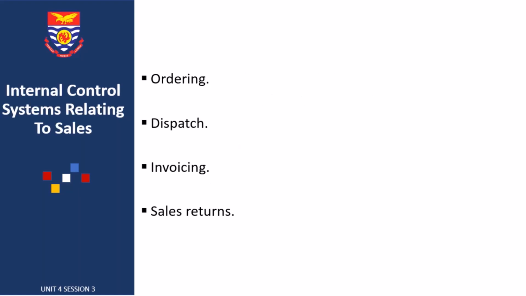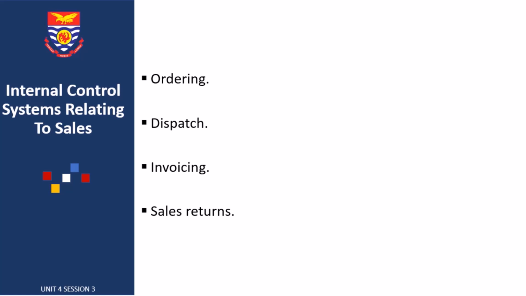Now let's look at the internal control systems relating to sales. So we have the first one to be ordering. With ordering, what are the internal control systems we have to put in place?